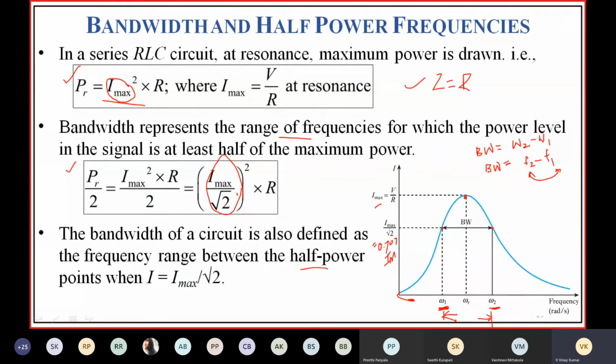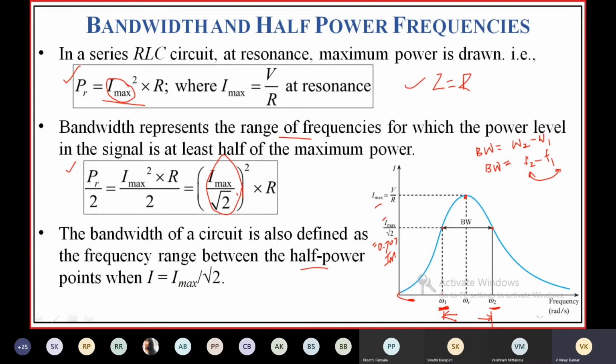It is the range of frequencies over which the circuit current is equal to or greater than 70.7% of maximum current.